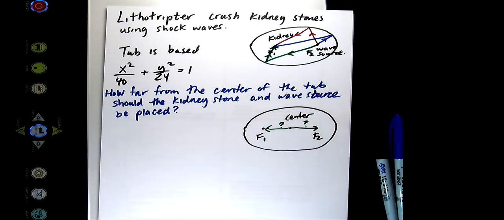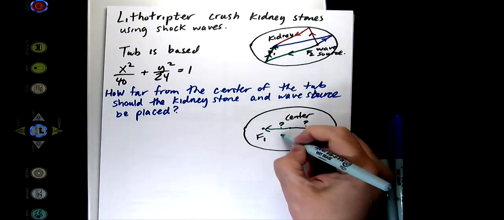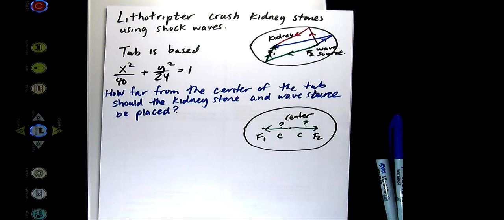That's what we're trying to find. What is that on an ellipse if one of them is at a focus? C. Each one is C away from the center. So using the equation we have here, how far should we be placed apart?